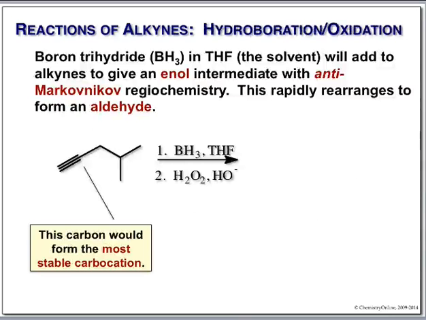Remember with alkenes, we could make our alcohol either Markovnikov or anti-Markovnikov, right? For anti-Markovnikov, we used hydroboration oxidation. Exactly the same thing here for an alkyne.